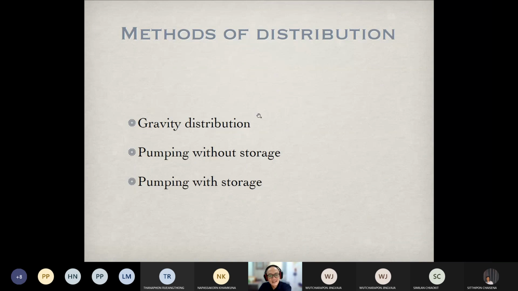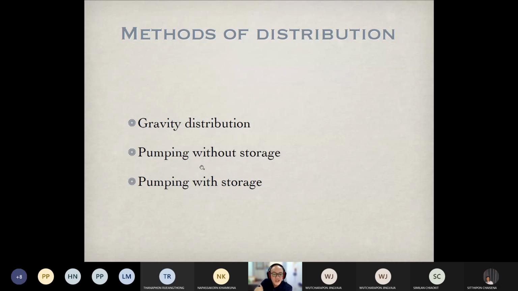So for the other unit operation, which is part of the intake facilities, sometimes we install the storage. We use the storage in combination with the pumping facilities.